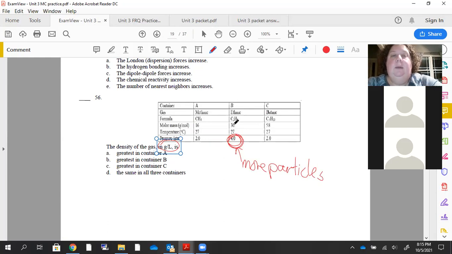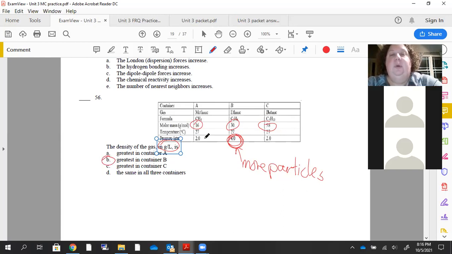So since the molar mass comparison is not quite, it's a little bit more than half of the mass of this, and we've doubled the volume or the pressure also. That means that there'd be more particles in here than there would be in the butane. So more particles, same volume, means that the density would be greatest in B.